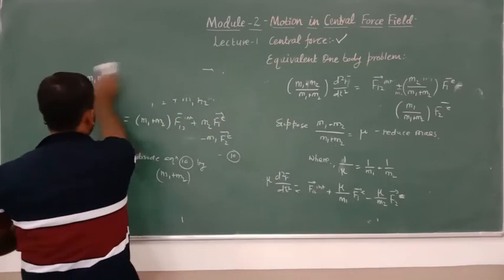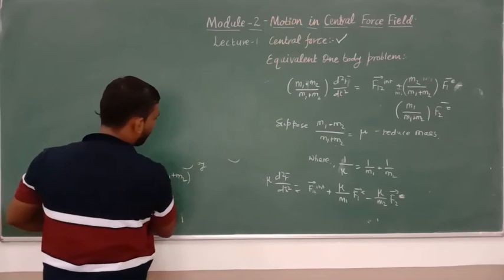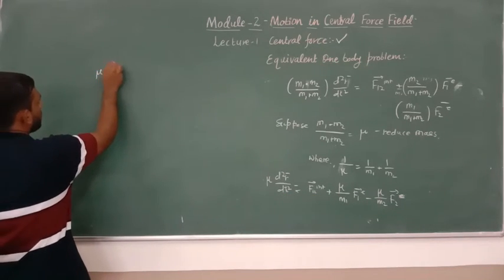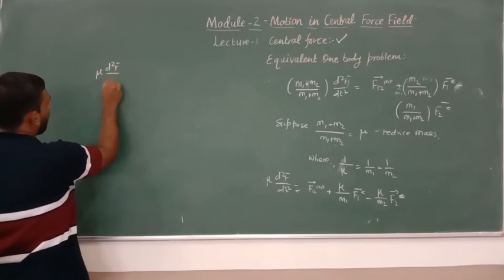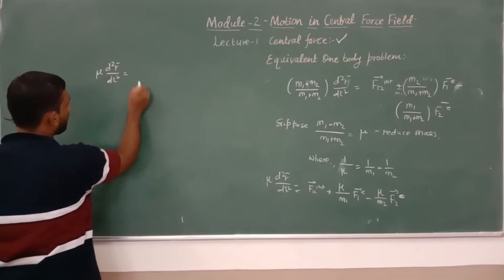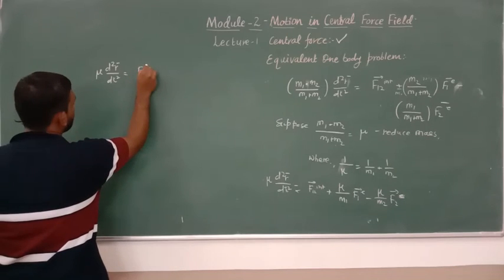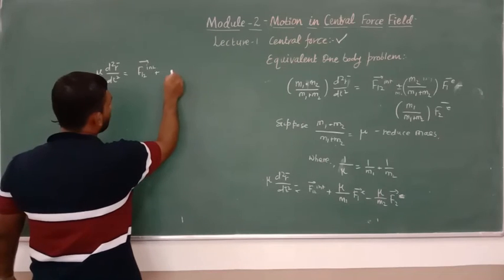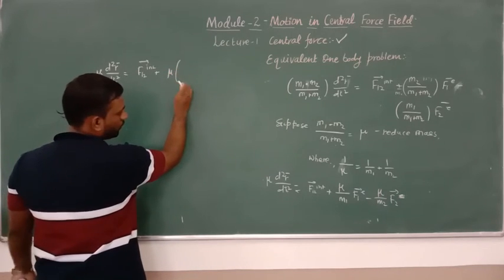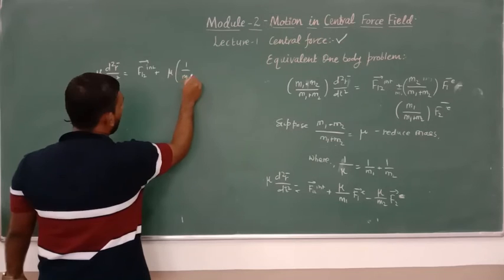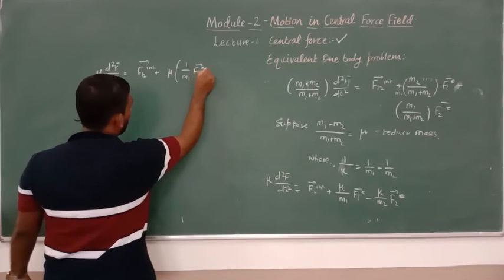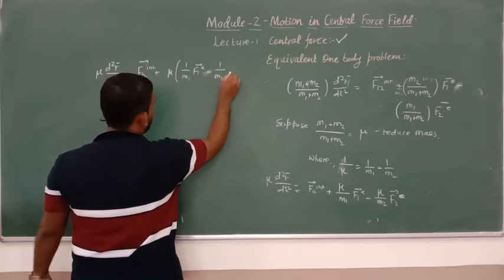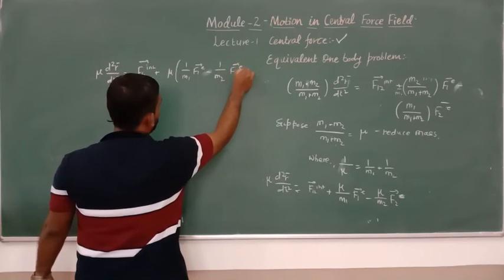So take this mu common from both sides. If you take out common d2 r bar by dt square equals f12 internal bar plus mu is common, so 1 upon m1 f1 external minus 1 upon m2 f2 external.